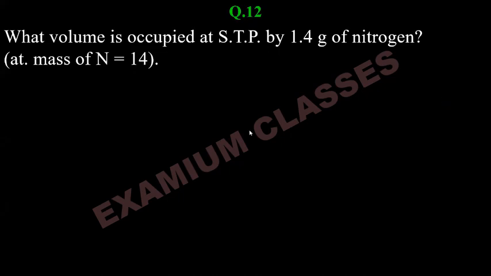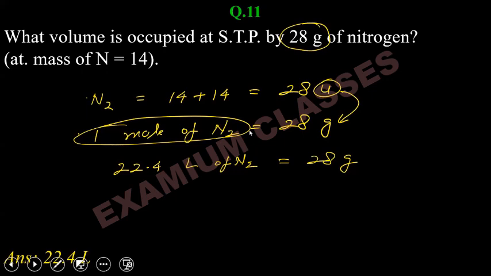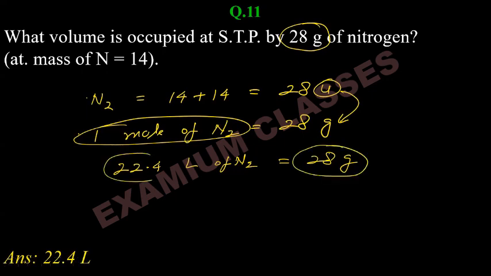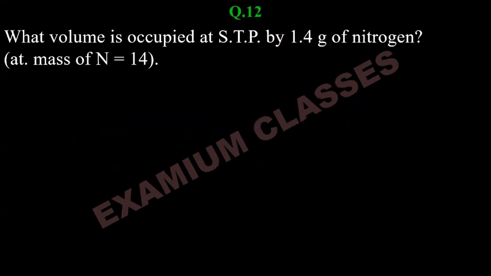Now then, in the previous question, that's why I took the previous question first. 28 grams is equal to 22.4 liters. So you apply the same knowledge. First, you calculate here because you know that 1 mole will be equal to 22.4 liters. So you will say 28 grams of nitrogen will be equal to 22.4 liters at STP.